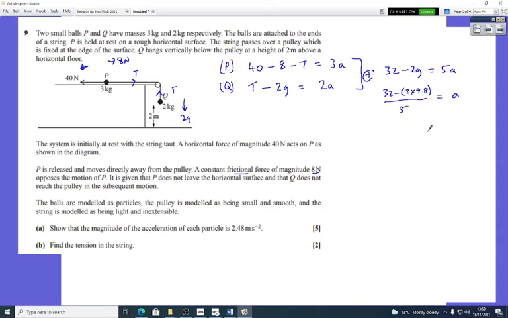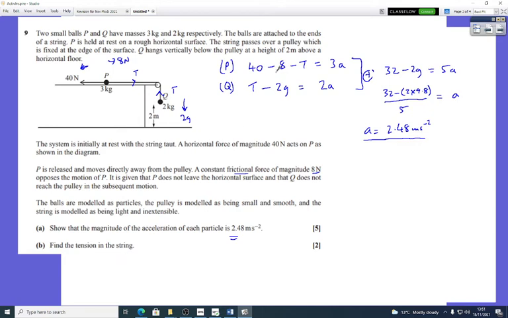If you put that in your calculator, you should get what's required: A equals 2.48 meters per second per second. I think that's nice, relatively straightforward, not a big issue here.